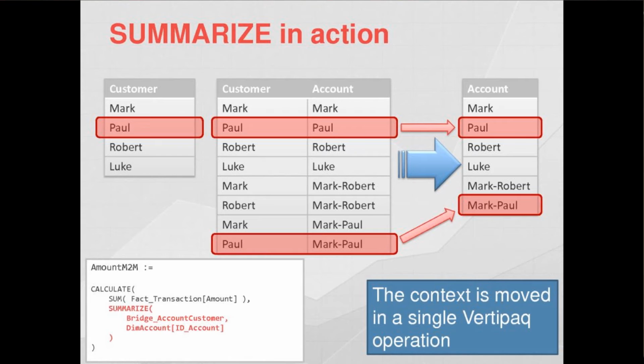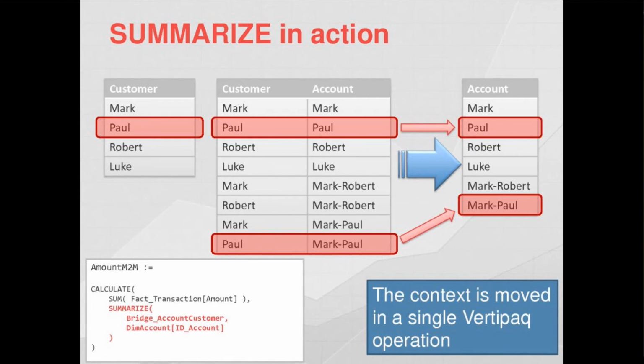So what does SUMMARIZE do? It scans the bridge table, looking at only the visible rows, because there is a filter being applied. So it sees only 2 rows in the bridge table, and it will scan 2 rows. Then, because we are asking it to group by a column which is in the account table, and remember that there is a relationship here, each row points to a specific account.